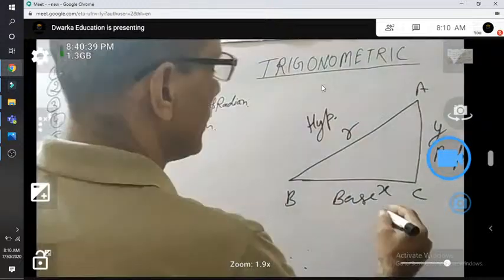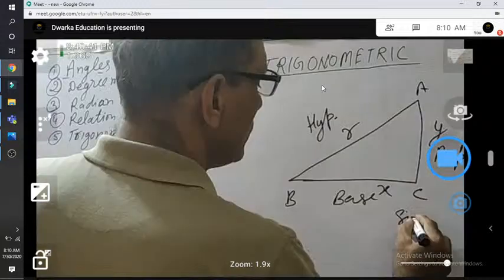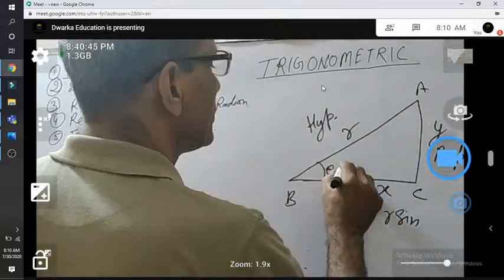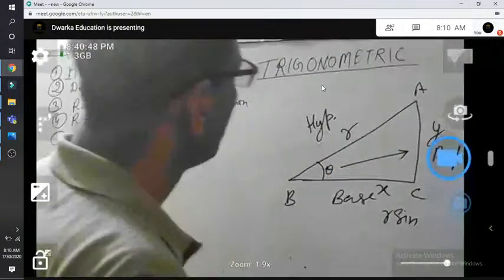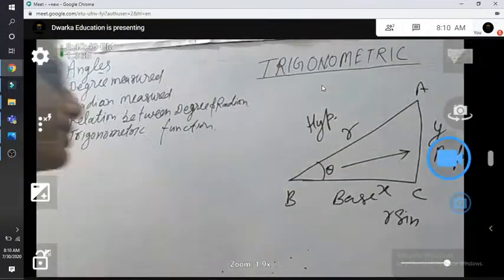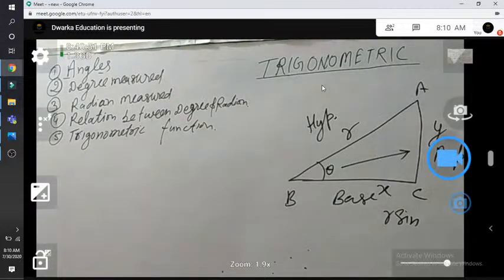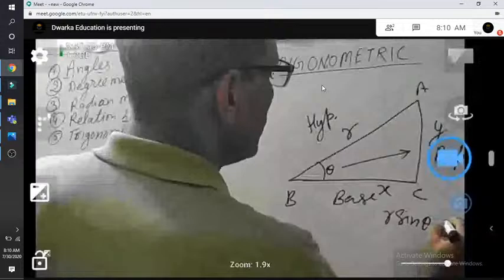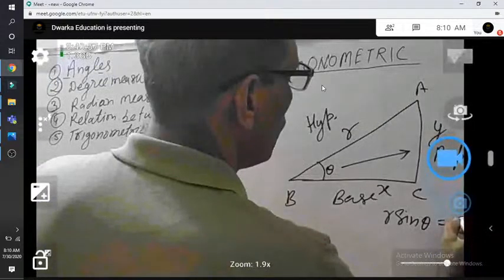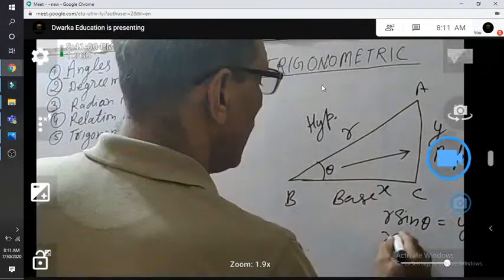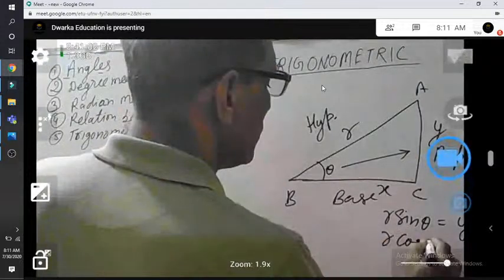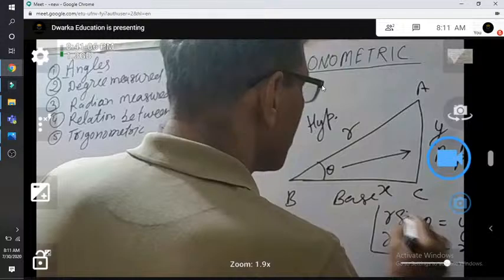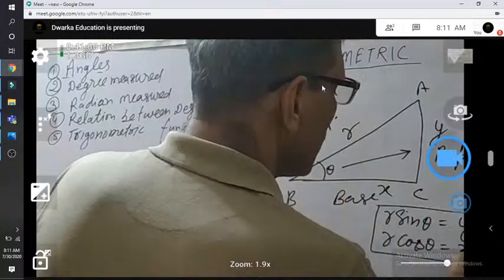we say that r sine theta. If this angle is theta, then this side will be the perpendicular. The opposite side of the angle is called the perpendicular. And now we say that r sine theta is equal to y and r cos theta is equal to x. These two relations can be used everywhere.